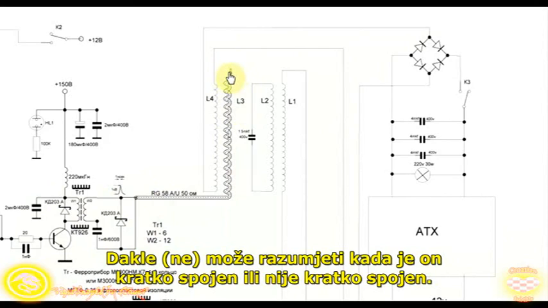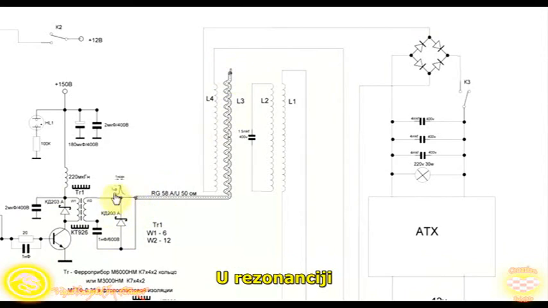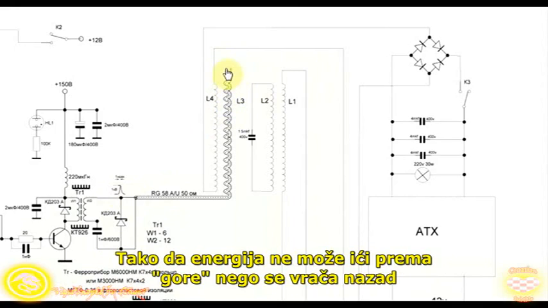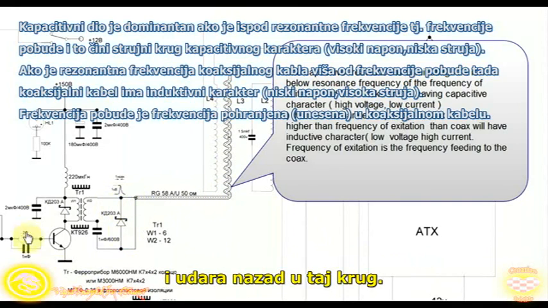So my understanding is whether you short it or you're not shorting it, at resonance you will still have a mismatch of impedance at the end of it. That energy could not go further, it goes back and hits that circuitry back.